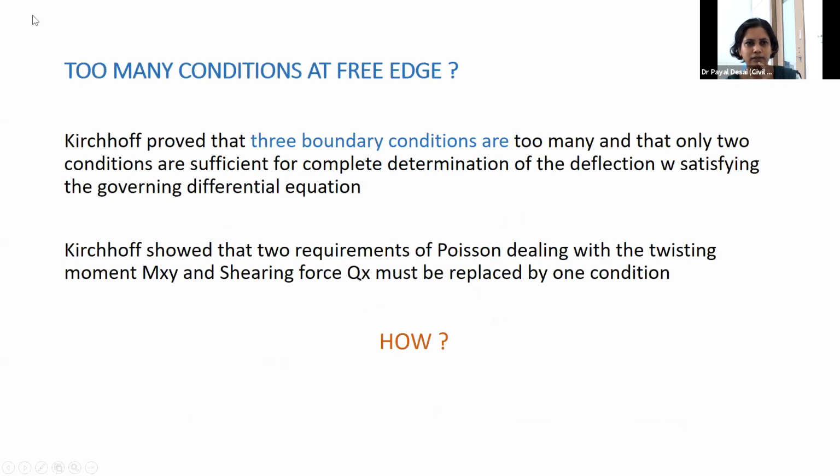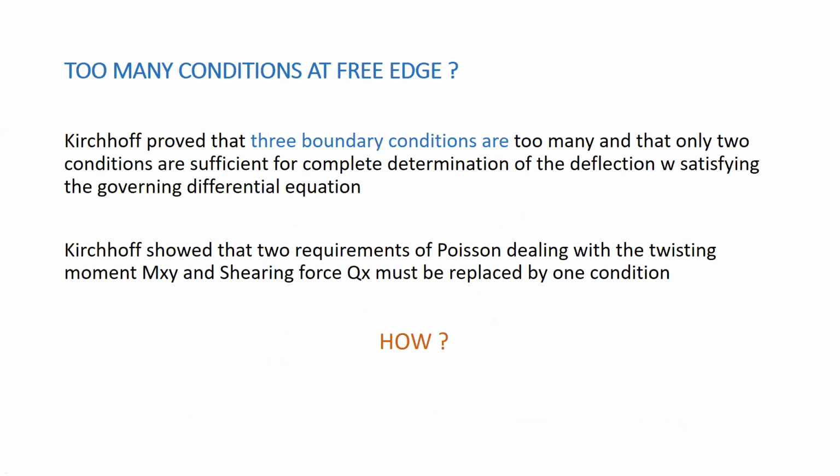It was decided that Kirchhoff proved the three boundary conditions are too many and only two conditions are sufficient for complete determination of the deflection, satisfying the governing differential equation. So Kirchhoff is saying that you may replace twisting and shear force together. And how can we do that?